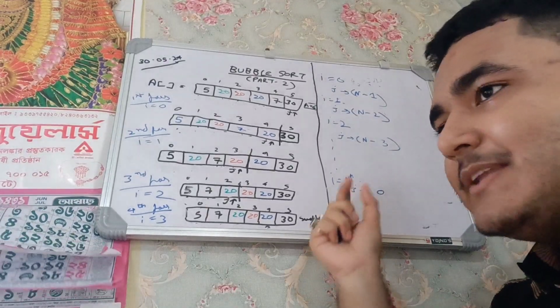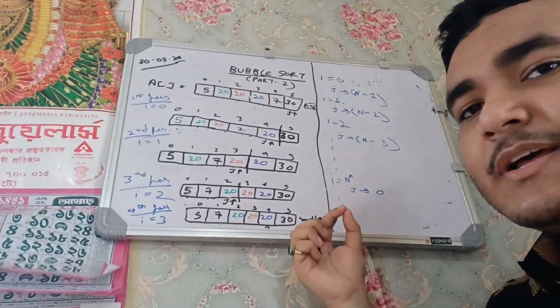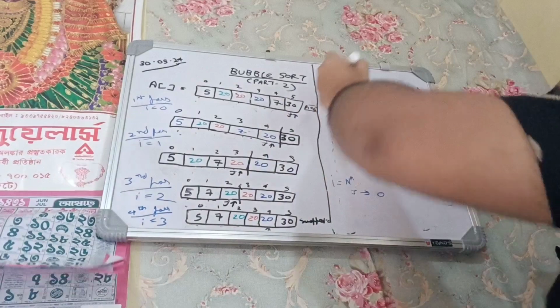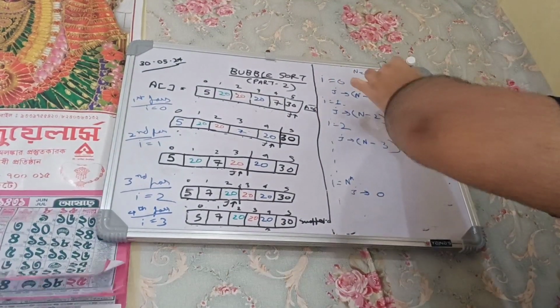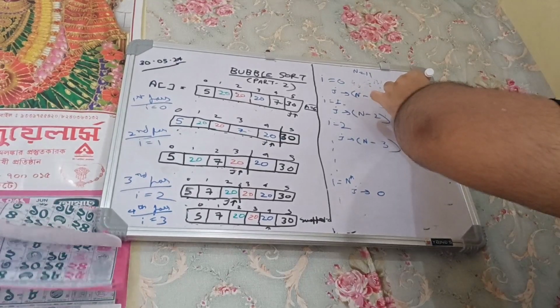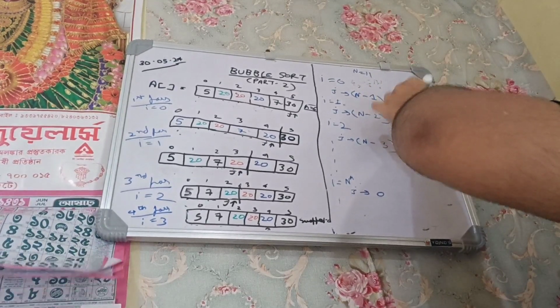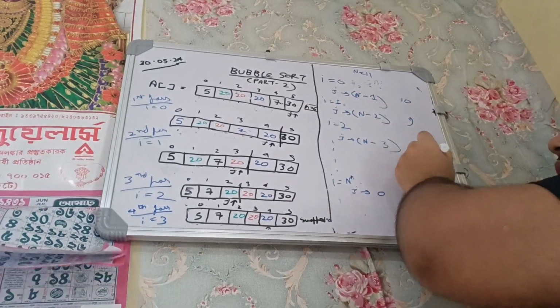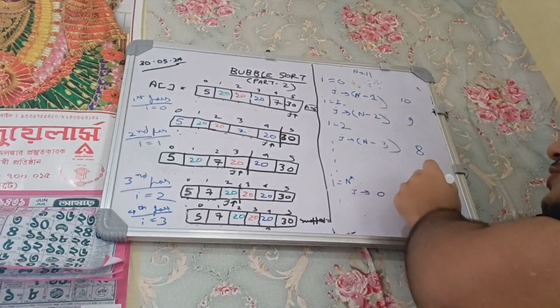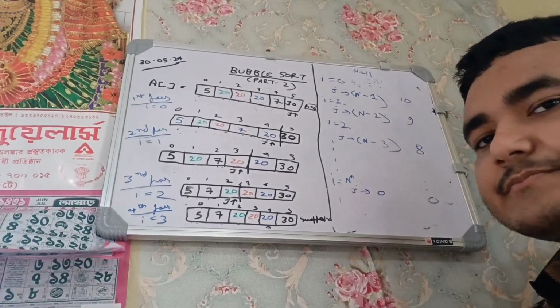Then second time 9. Then we can say it is moving 9 times, then 8 times, and so on up to 0. Fine.